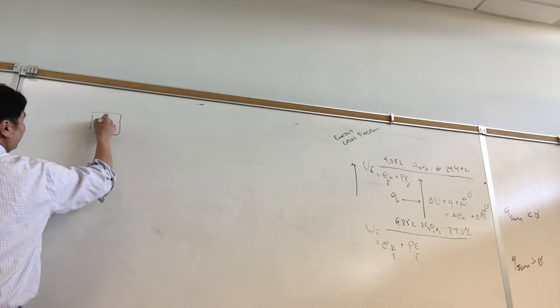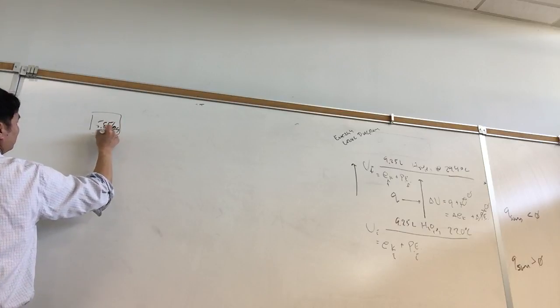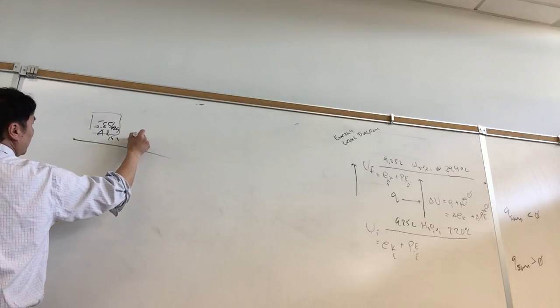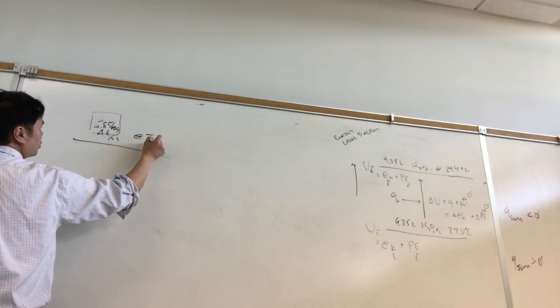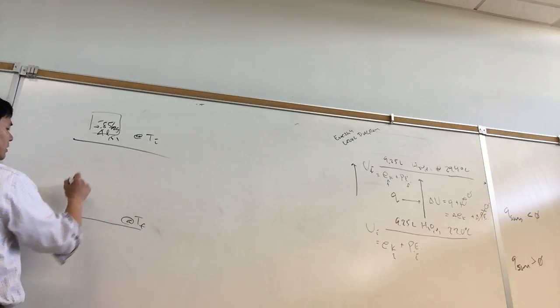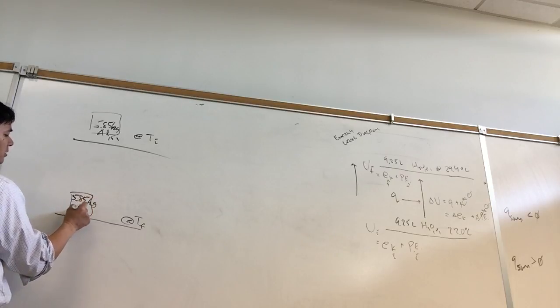It's 5.85 kilograms of aluminum, solid, at some T initial. And then there's some T final here. I don't know what T final is, but I do know what delta T is.